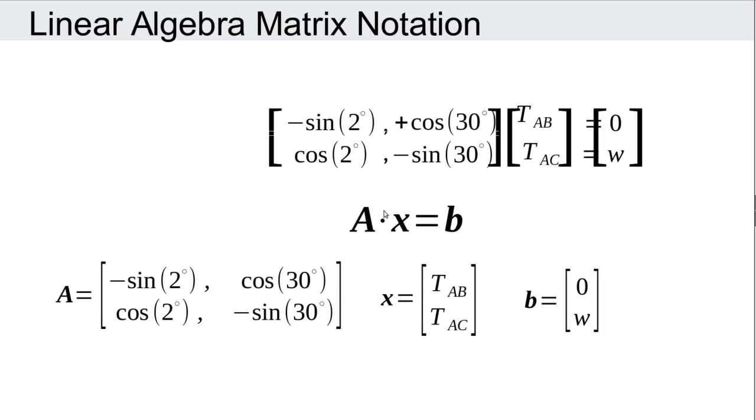And to solve this, if this was just a simple algebraic equation, you'd just divide both sides by A. Well, that's what you do in MATLAB, but there's a special divide operation here that's A backslash B. So it's really dividing it on the left side, which is what you have to do for a matrix solution.